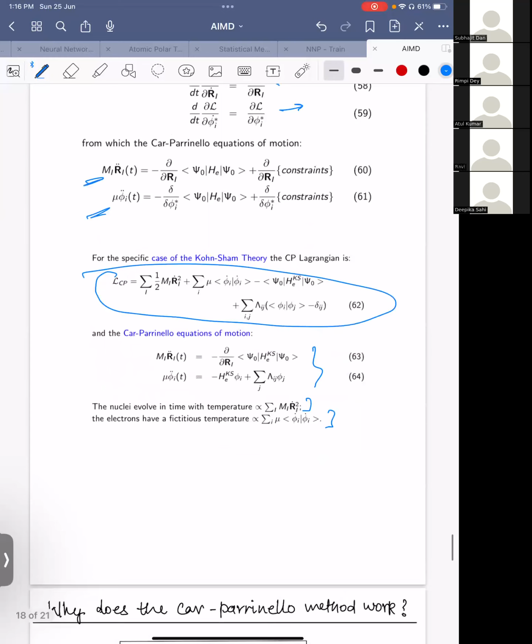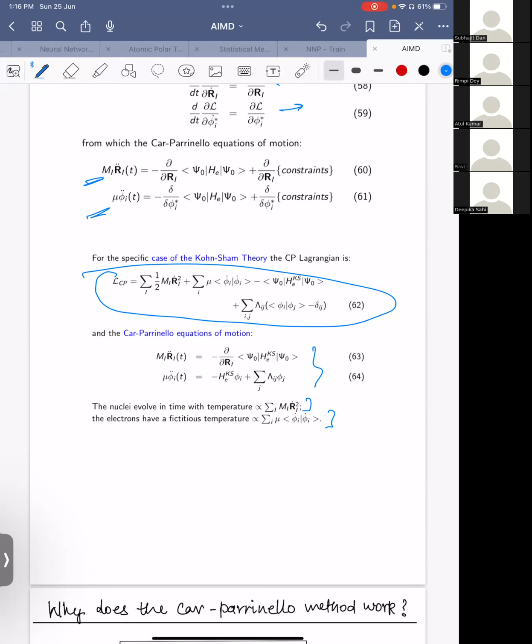Okay, so the remaining task is to separate the nuclear and electronic motion such that the fast electronic subsystem stays cold for a long time, but also follows the slow nuclear motion adiabatically.